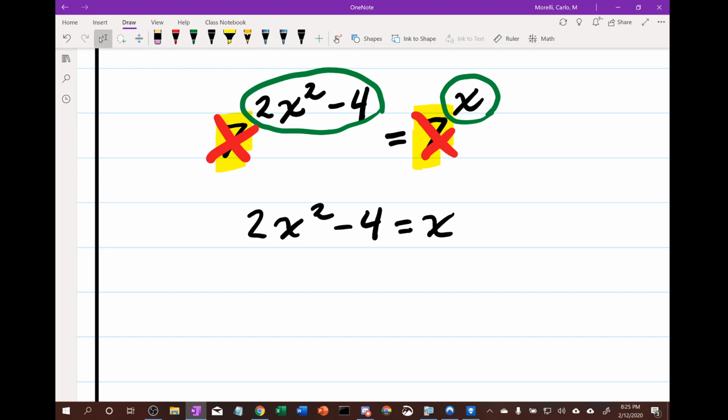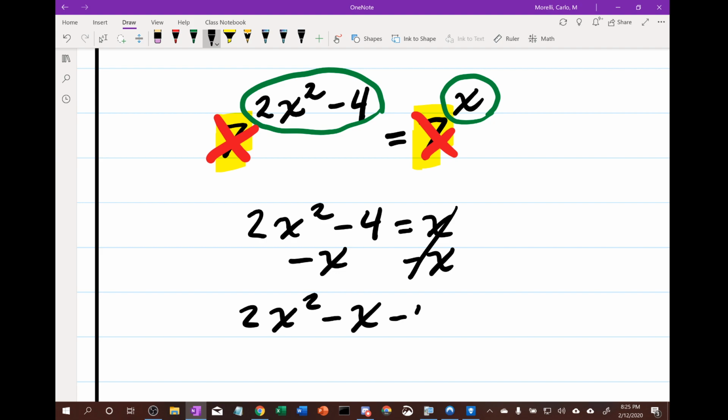Now we just get this in standard form. We'll subtract x from both sides, and it cancels out on the right. We have 2x squared minus x minus 4 equals 0.